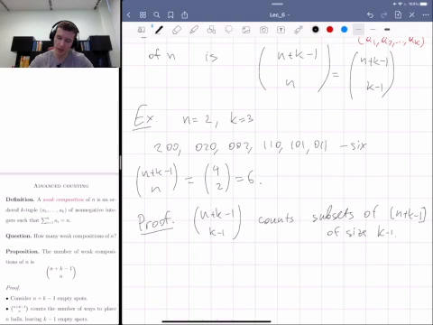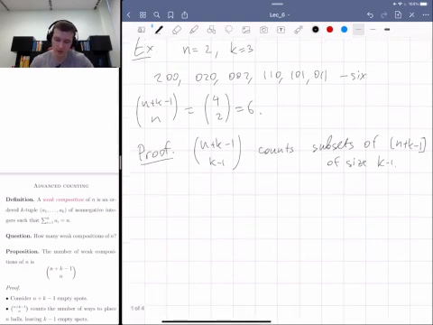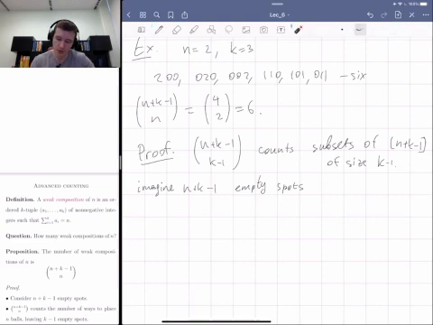So I want to somehow convert that object into a composition. The idea is that you imagine n plus k minus 1 empty spots. In the case of n equals 2 and k equals 3, I should imagine 5 empty spots.